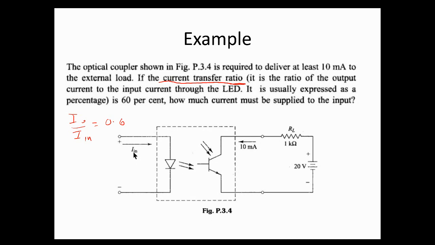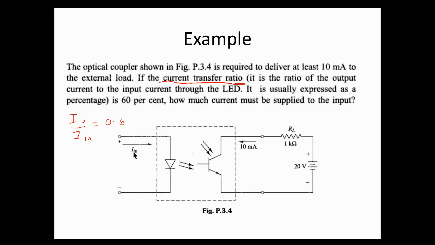Sir, if the output is 10 milliamp, then the input would be I_O divided by 0.6. And what do you get? 0.01667, so that's 16.67 milliamps. All right.